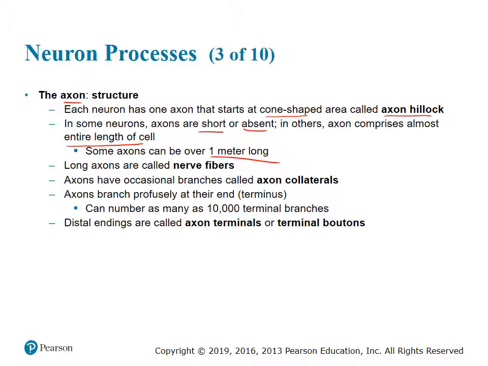Long axons are called nerve fibers. Sometimes they branch, and these are called axon collaterals. Again, these are definitions. The axons at their very end will branch, and we call these terminus or termini.